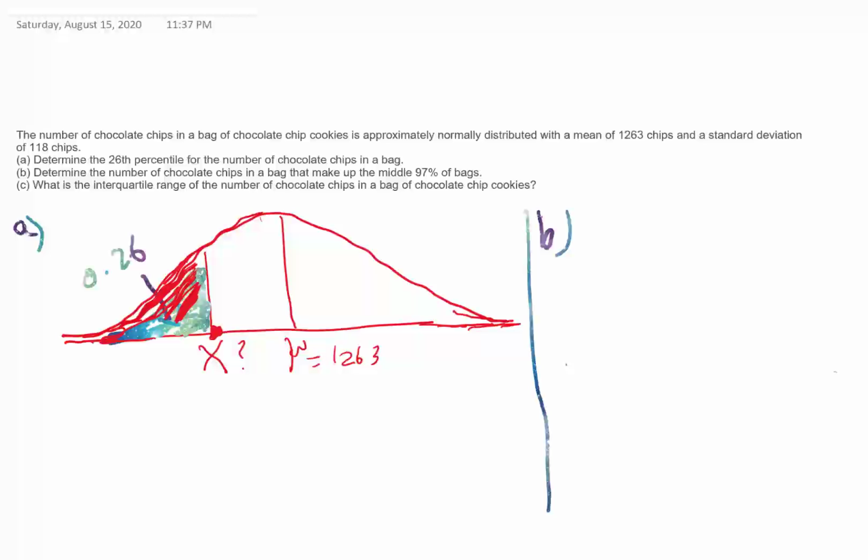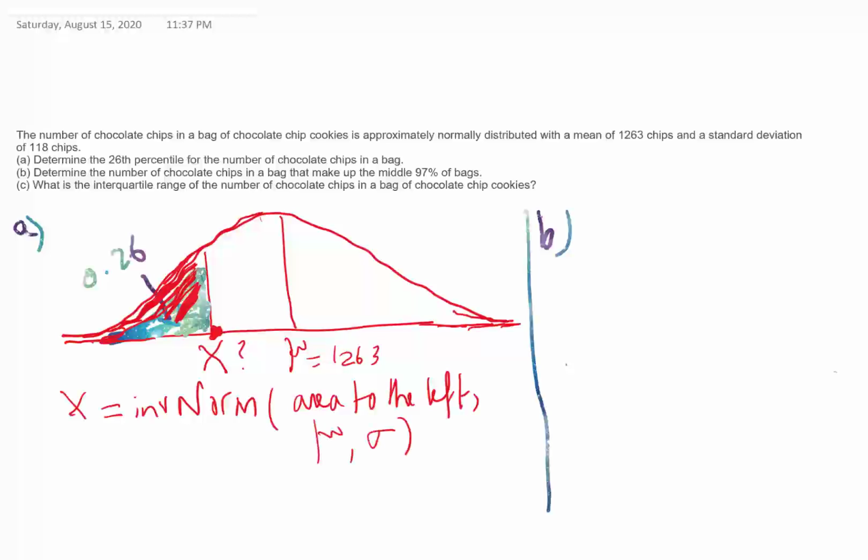In order to do that, you can use your TI calculator and use a function called the inverse norm function, which requires three arguments. The first argument is the area to the left, which we already have, and then the mean, and then the standard deviation.